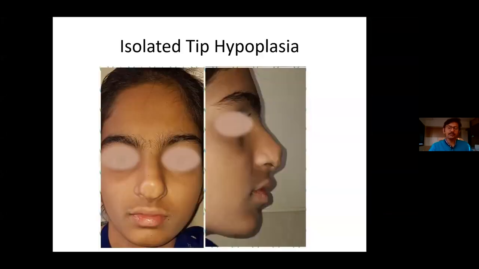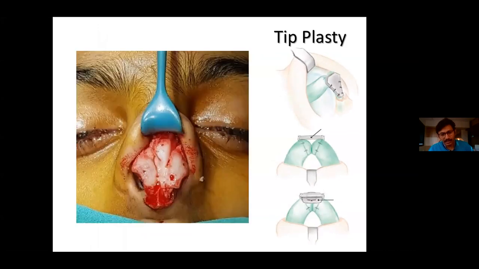Now, these are very rare cases in which there is isolated tip hypoplasia. As you can see here, the dorsum is all right, but the tip looks either chipped off or has a pressed-against-the-glass appearance. On opening up, this was only a deformity of the medial and intermediate crus, and the lateral crus seemed to be all right.